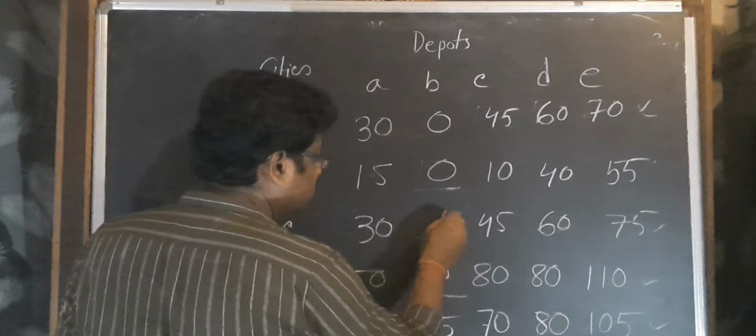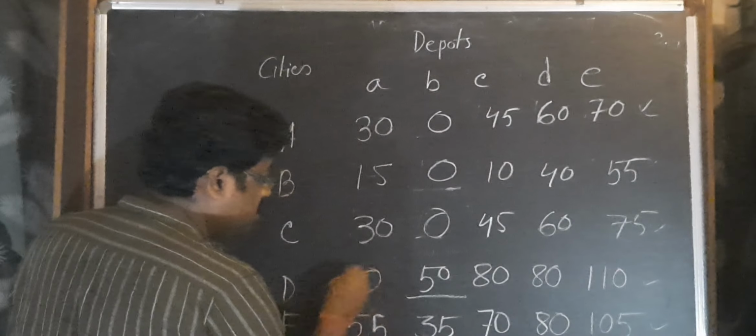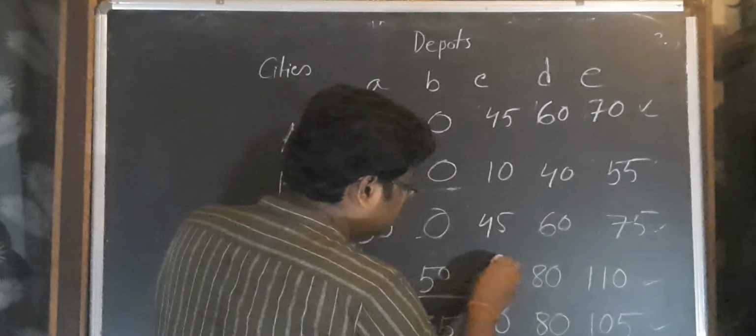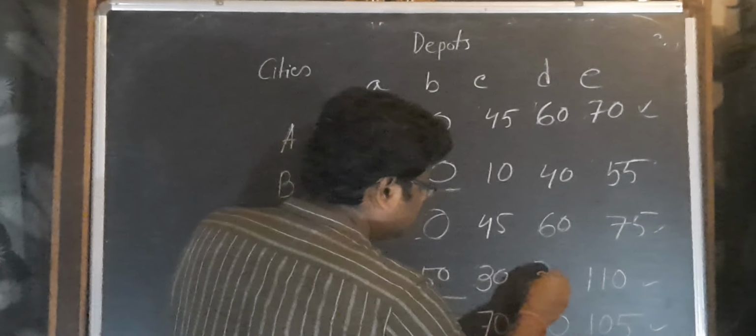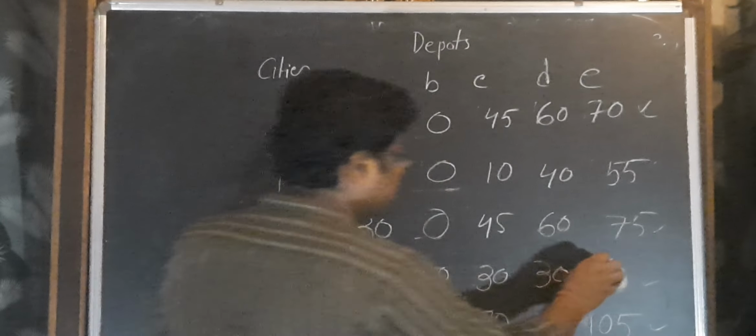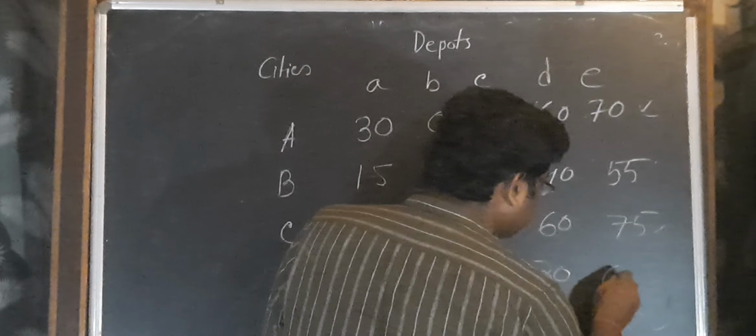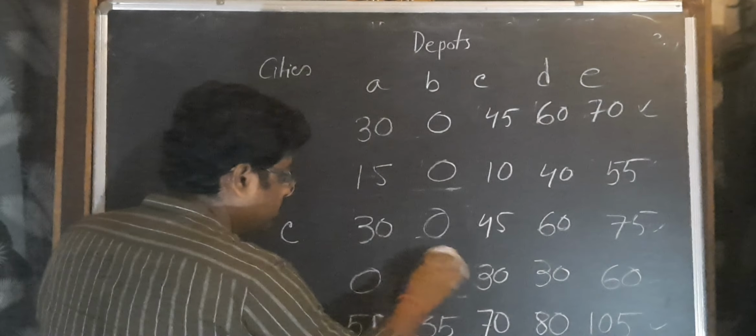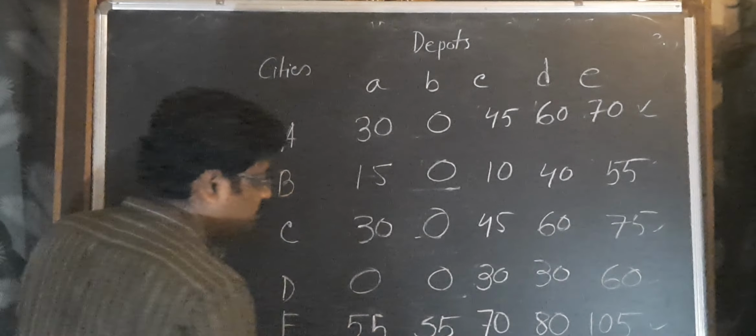Now there is 50, so we subtract it here. It is 0, and 80 minus 50 equals 30, that is also 30, and then 60, and 50 minus 50 equals 0.